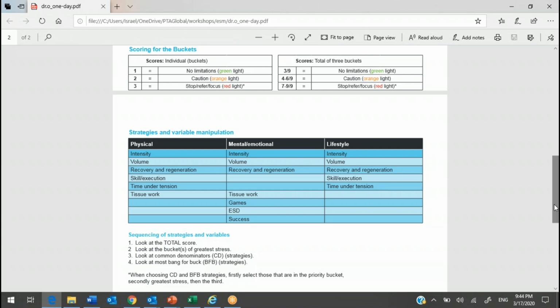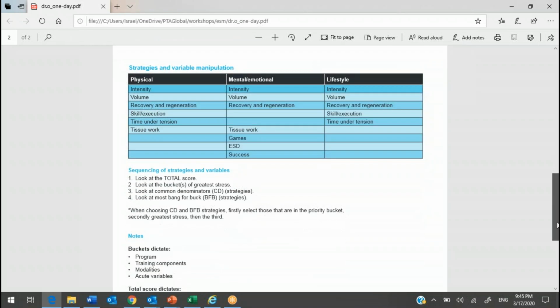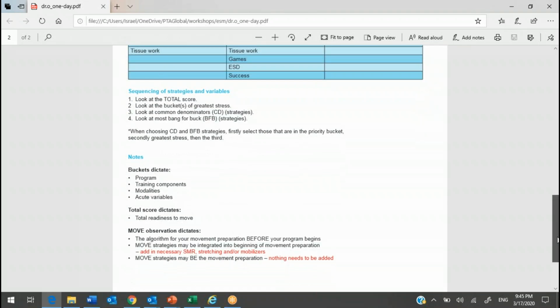This is our DRO 1-day tool. We'll shoot a separate video for our multi-day tool. Helping to equip and empower you as the professional to deliver unprecedented results with your clients, especially clients that are stressed, that maybe everything that they're kind of up against outside of the gym could potentially negatively impact what's going on inside the gym in your session.